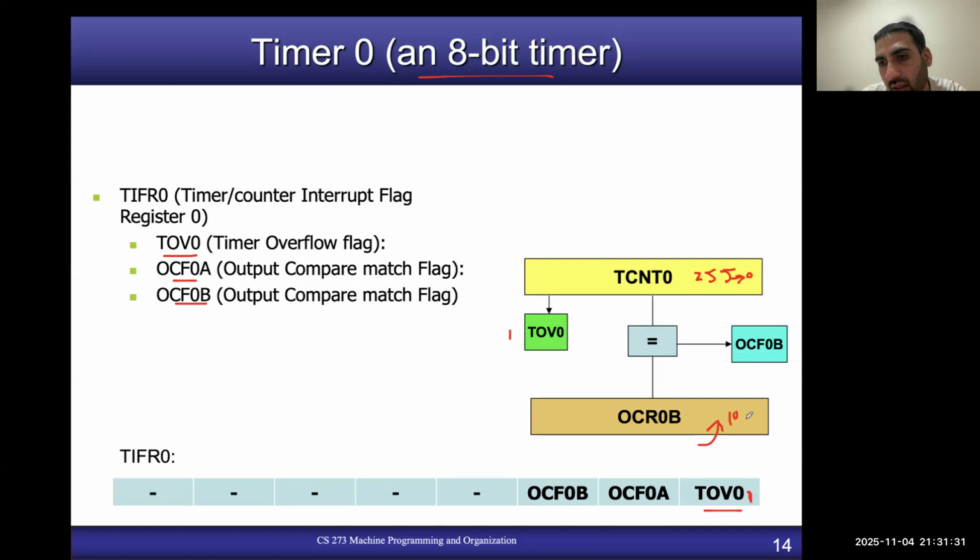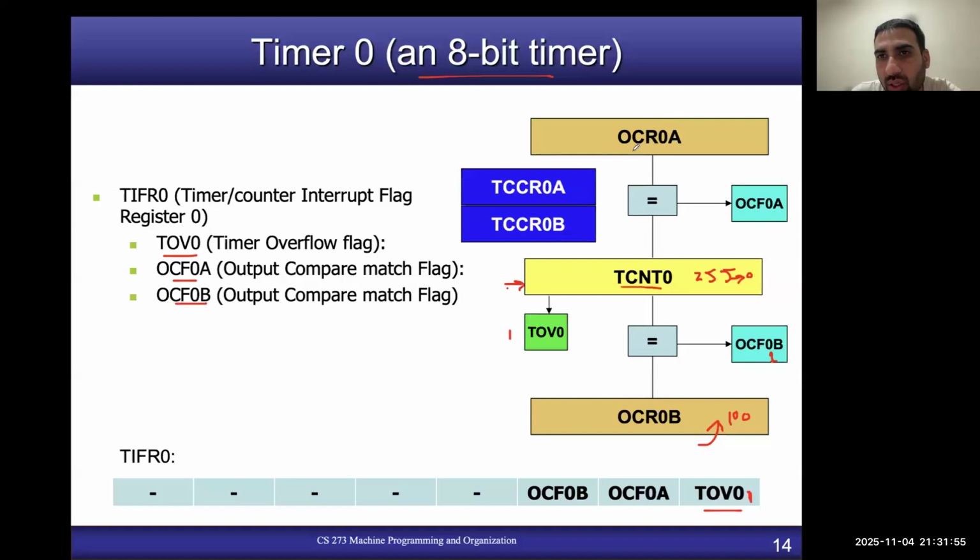Every time on every clock when TCNT0 is incremented, and when it matches 100, based on the result of the comparison, this flag will be set equal to 1, right? There are two output compare registers, output compare register A of timer 0 and output compare register B of timer 0.